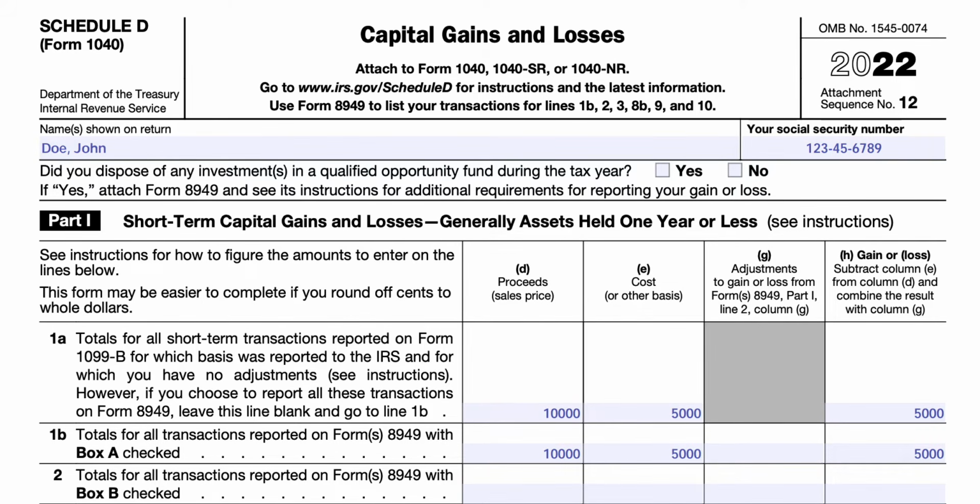So the 9 things that are not considered capital assets would be stock in trade or inventory. If you own a business, a retail business, your inventory would not be considered a capital asset. Notes receivable or accounts receivable, depreciable property that you use in your trade or business. Real estate used in your trade or business is technically not a capital asset.